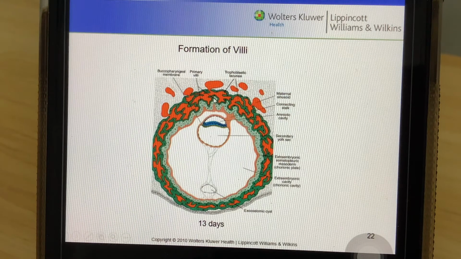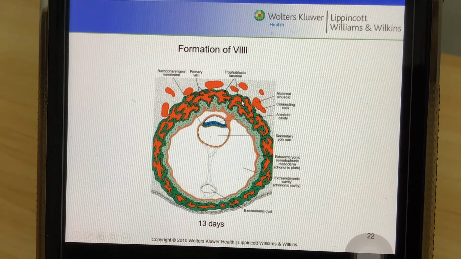This one, mga villi. So primary villi consist of a cytotrophoblast core covered by syncytial trophoblast. Ang secondary villi naman niya have a mesodermal core from the chorionic plate, while the tertiary villi have blood vessels in the core.